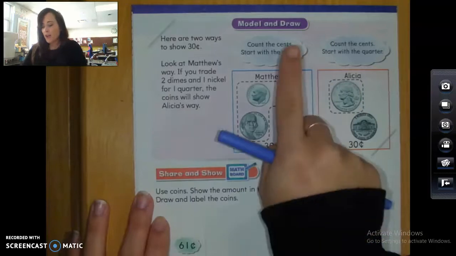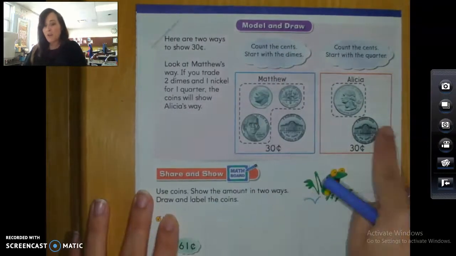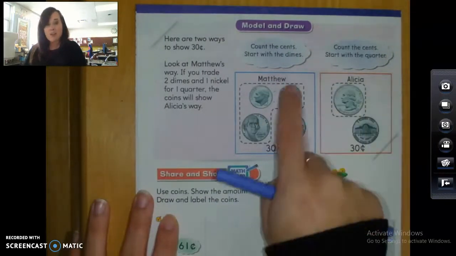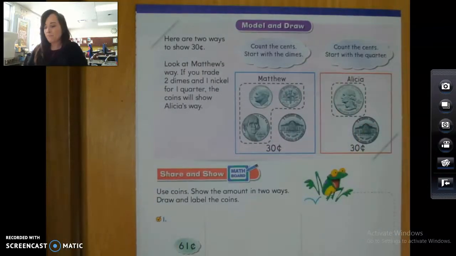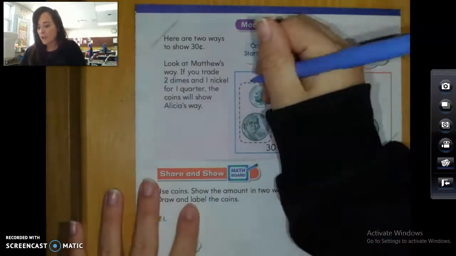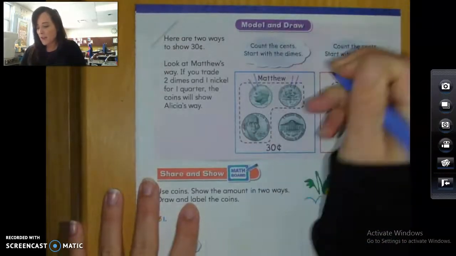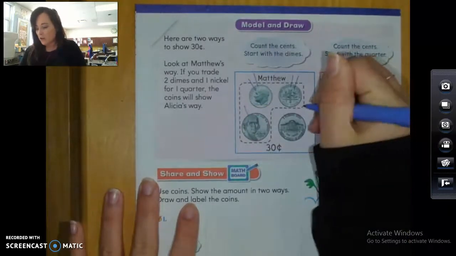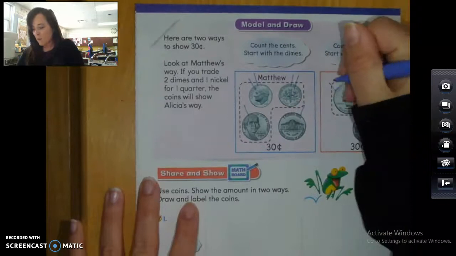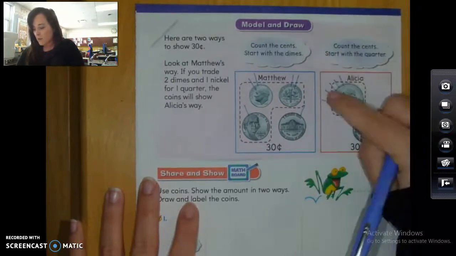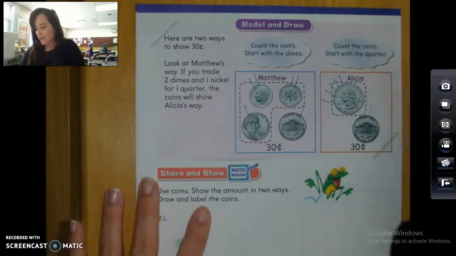Okay, so here we have Matthew, and both of them have 30 cents, but as you can tell from just looking at the picture, they have very different coins, right? So if we count, here we have 2 dimes, so that's 2 hairs, and then we have 2 nickels. And then Alicia, we have a quarter, 1, 2, 3, 4, 5, and 1 nickel.